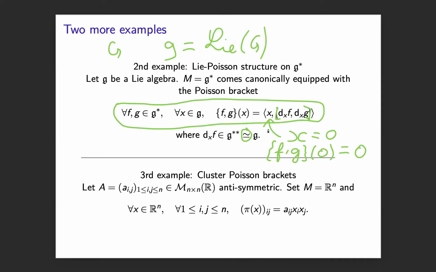So this point x tells us that this Poisson bracket is more singular than the one on a symplectic manifold.